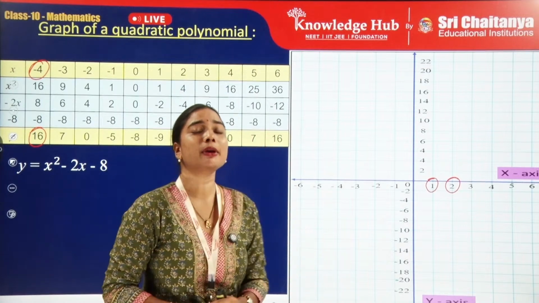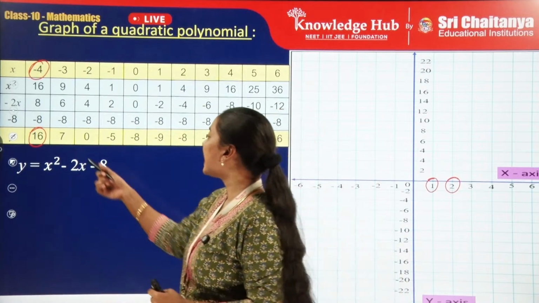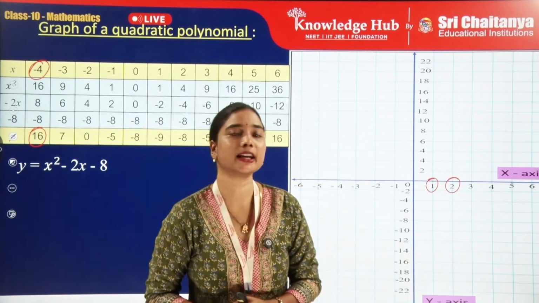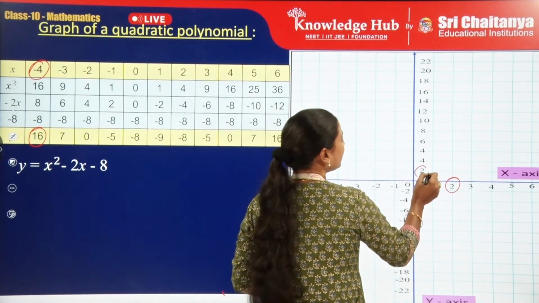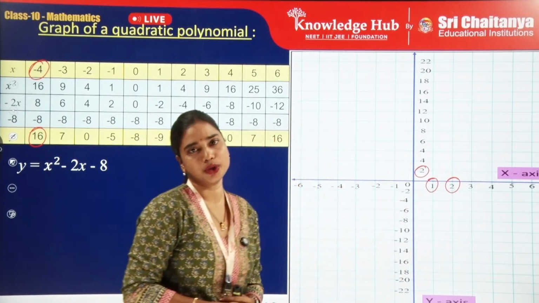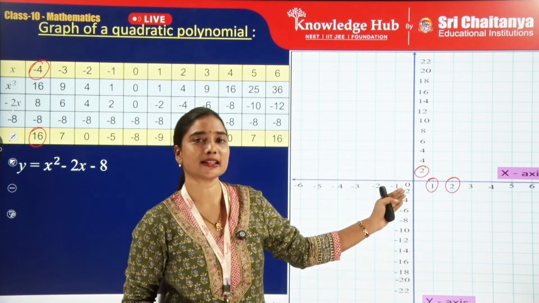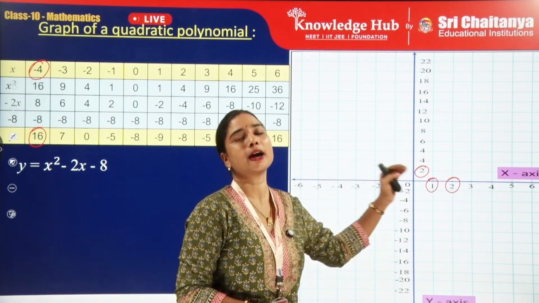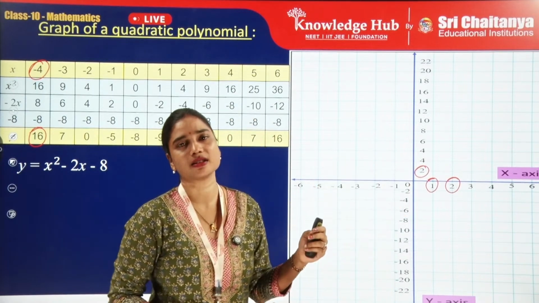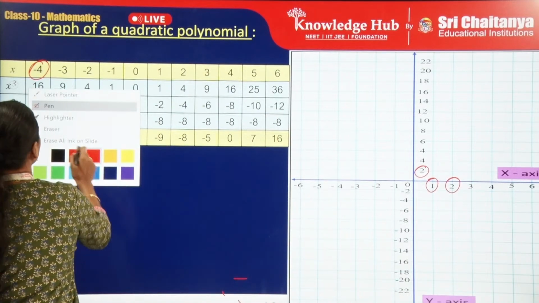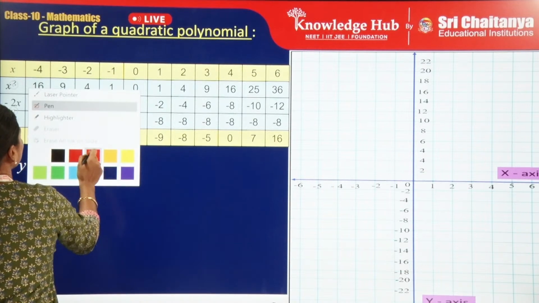And for the y-axis, as I have 16, 7, -8, -8, I have taken each one as 2 units. So I have taken multiples of 2 on the y-axis, and on the x-axis I have taken all the consecutive integers. Now we have to mark the points.